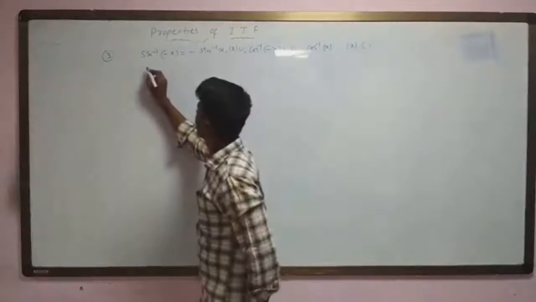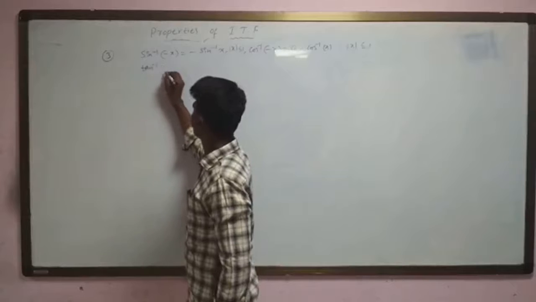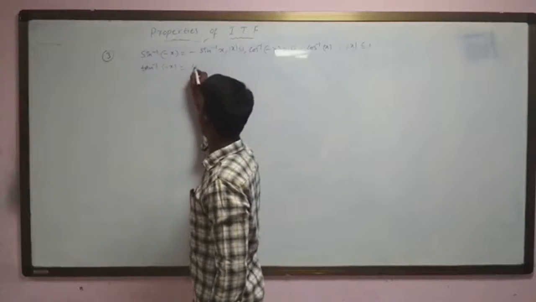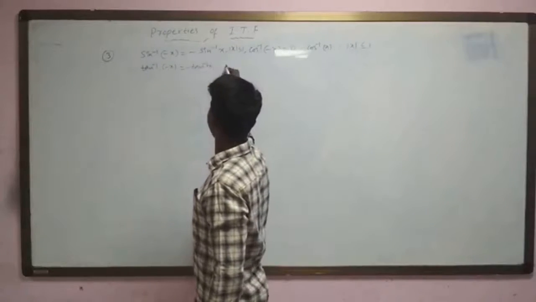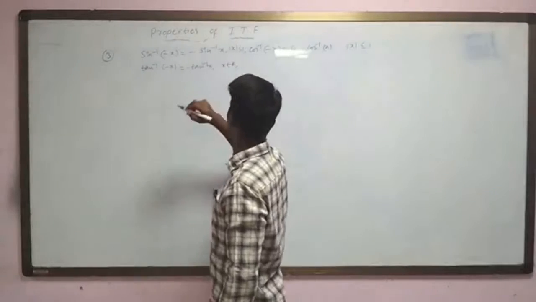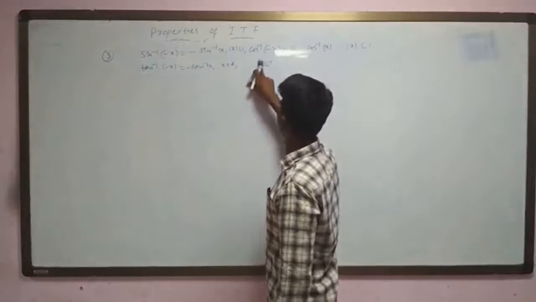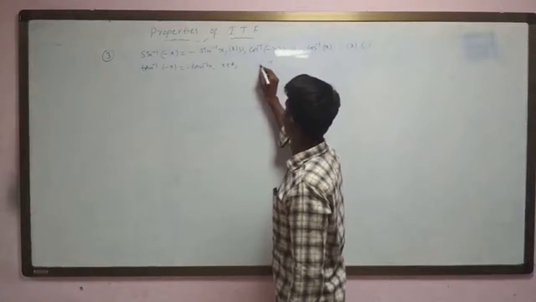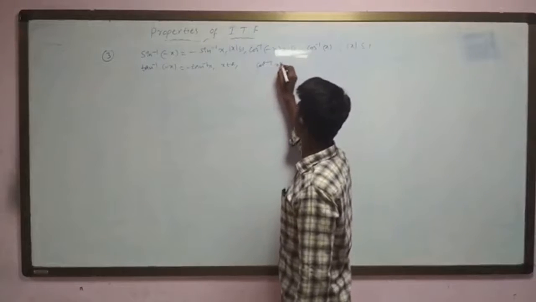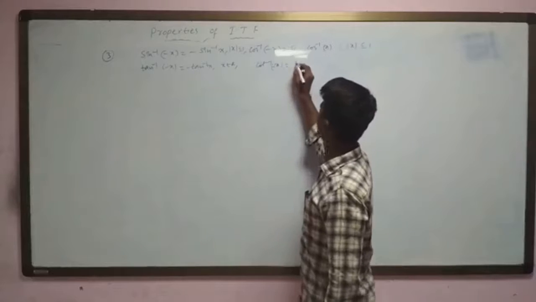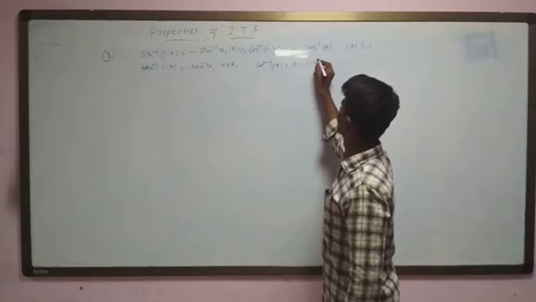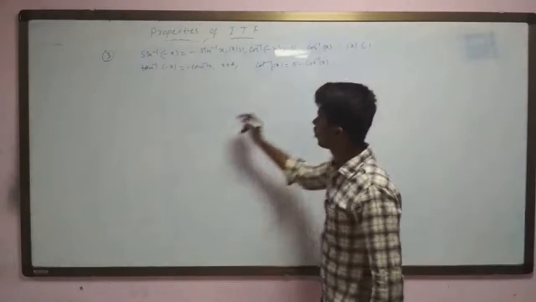And the next, tan inverse of minus x is equal to minus tan inverse x. Cot inverse of minus x is equal to pi minus cot inverse x.